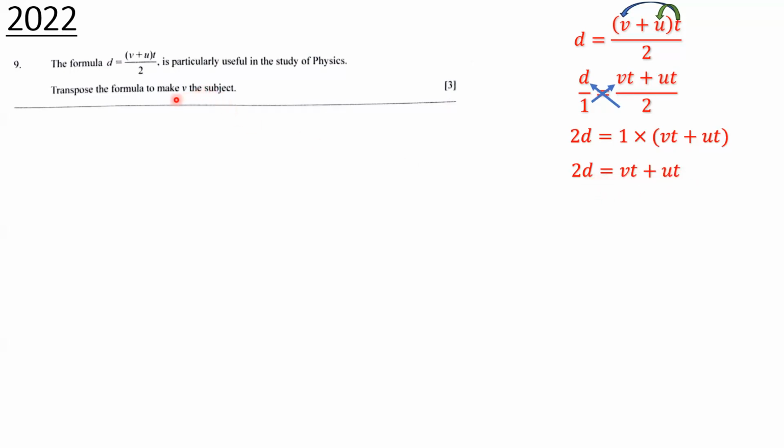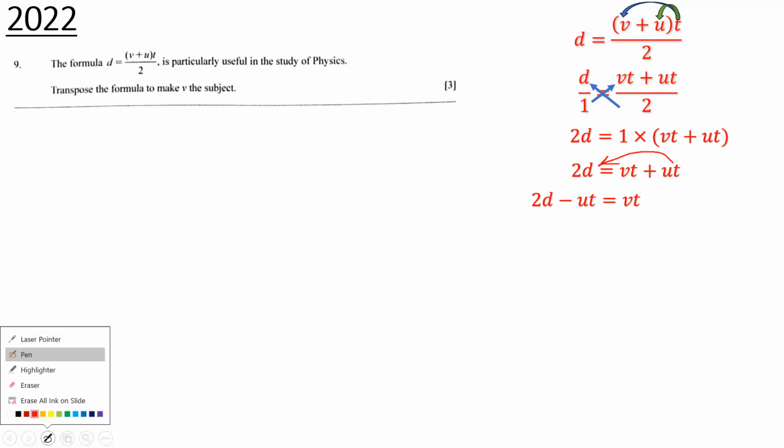Remember, the goal is to make V the subject. So we're going to take this term, UT, and send it over the equal sign. The next line is going to be 2D minus UT, because it was positive UT.